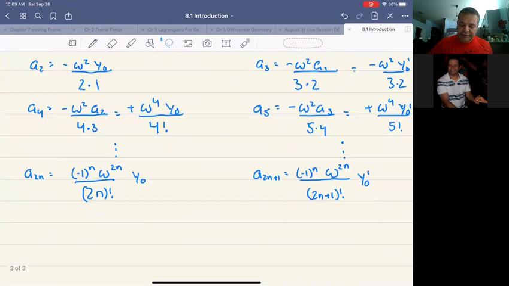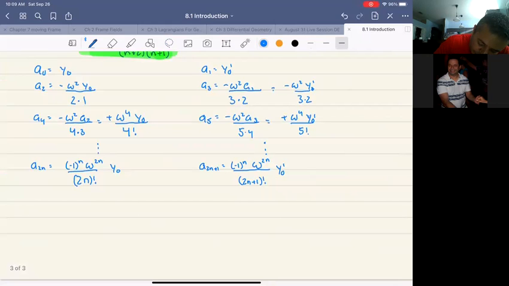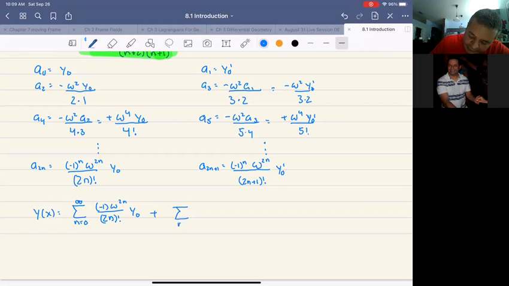Our solution is then y of x equals, I'm going to write it in two different pieces. The sum from n equals 0 to infinity of negative 1 to the n omega to the 2n over 2n factorial y0, plus the sum from n equals 0 to infinity of negative 1 to the n omega to the 2n over 2n plus 1 factorial.